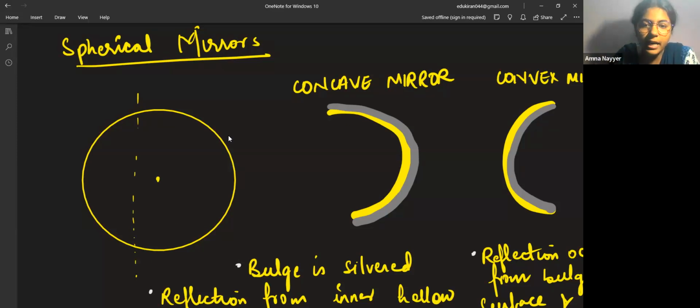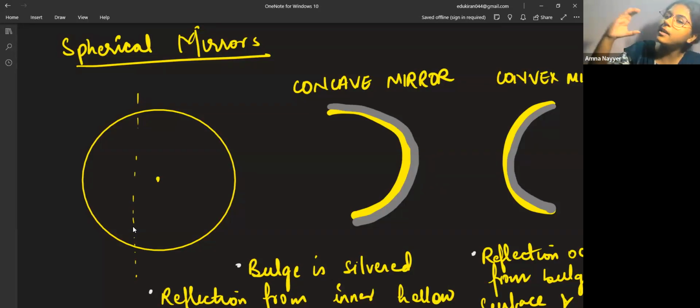Suppose I take this and I have silvered and painted it, polished it from the outside. So only this inside portion is available to me, right? I have cut it from here like this. This was the entire circle, and this part I have silvered and painted so that no reflection occurs.